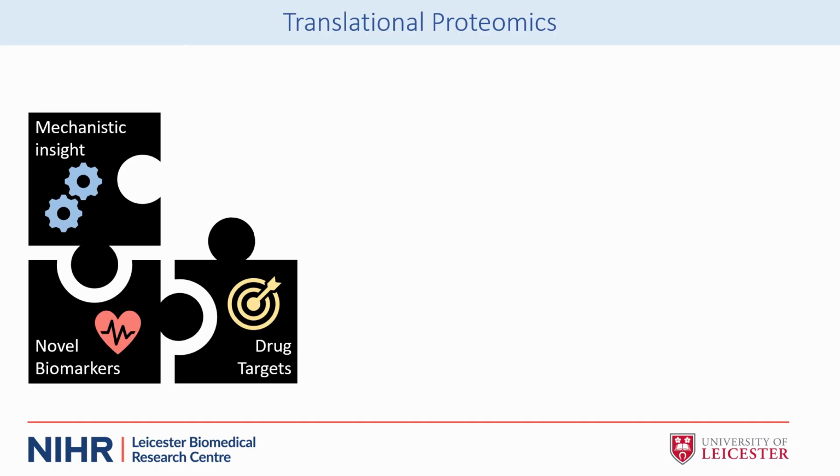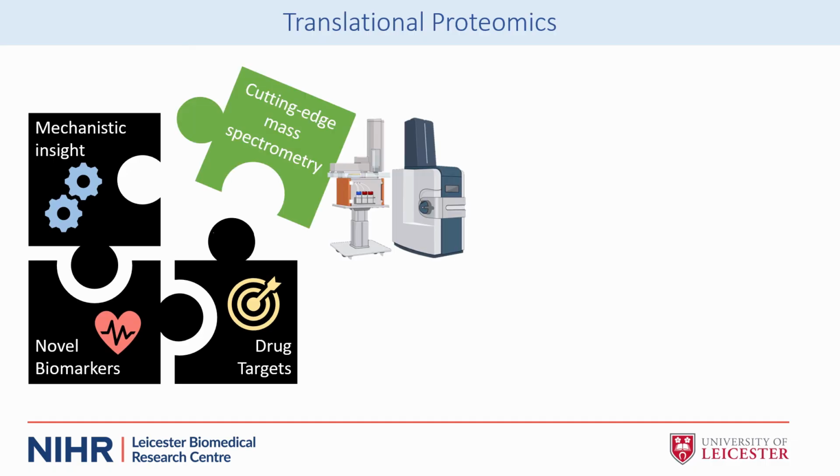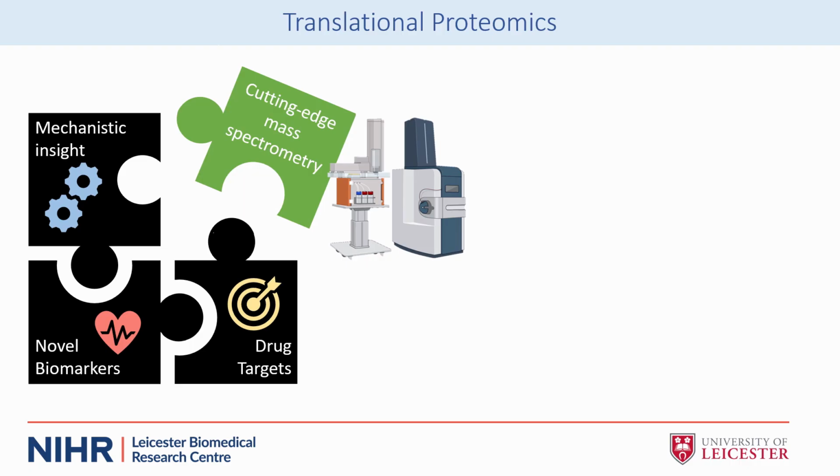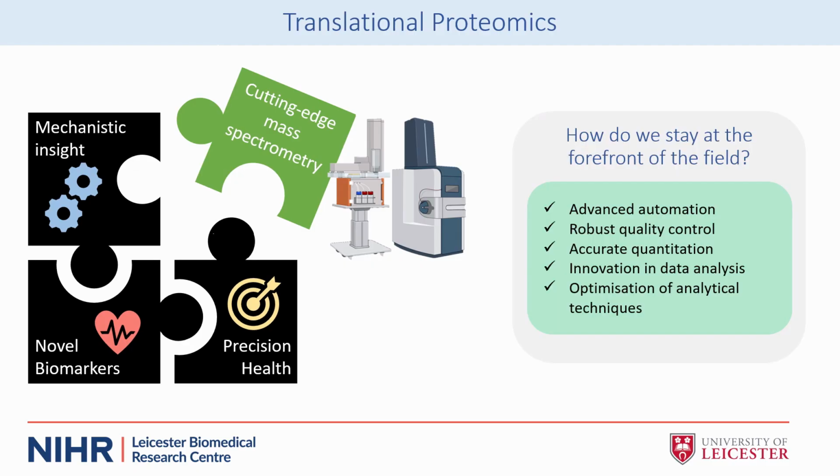The technology we use to measure global proteomics in really high throughput for this purpose is called mass spectrometry. And that's where my expertise comes in. With mass spectrometry, we can measure thousands of proteins at once, and my role is to ensure that the technologies we use are cutting edge, scalable, and robust.